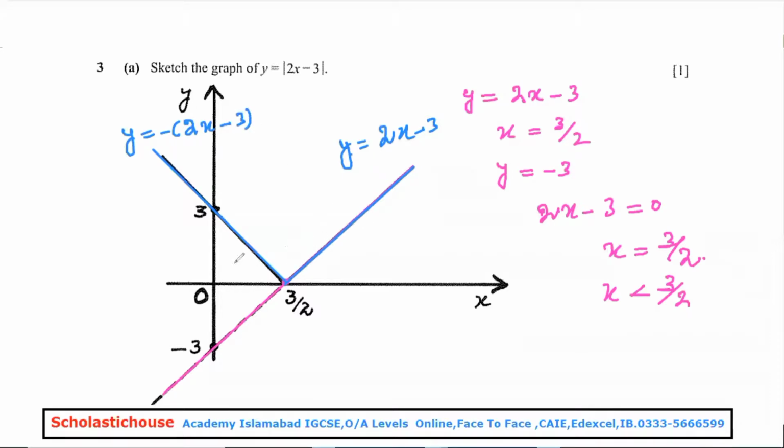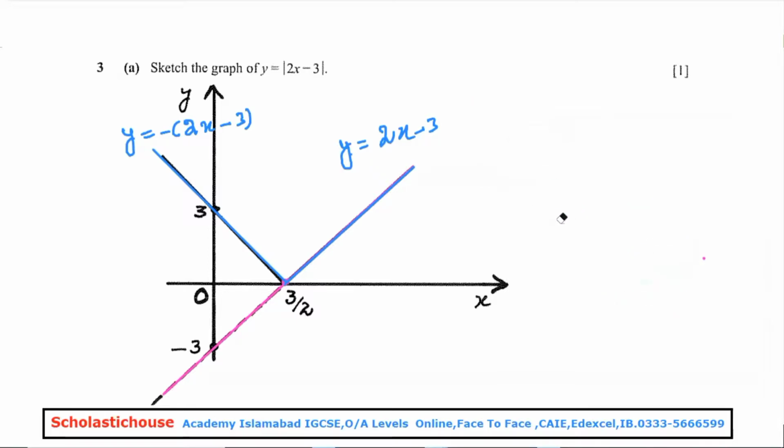So in this way, we can sketch this graph. So this was part A, only a 1 mark question. It can be done very quickly, but I am explaining how we can get this graph.